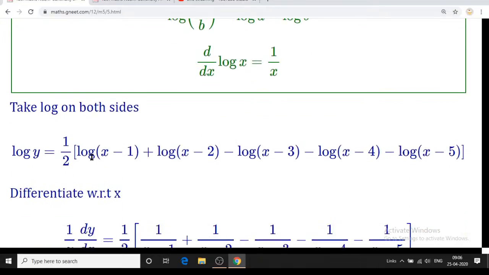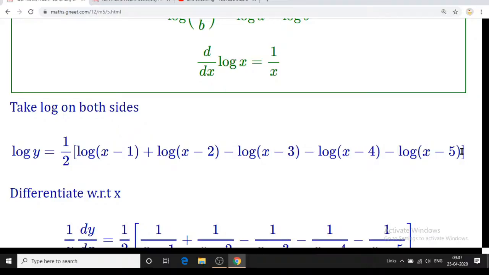So ultimately log y is half, this half is for the square root sign, log of x minus 1 plus log of x minus 2 minus log of x minus 3 minus log of x minus 4 minus log of x minus 5.